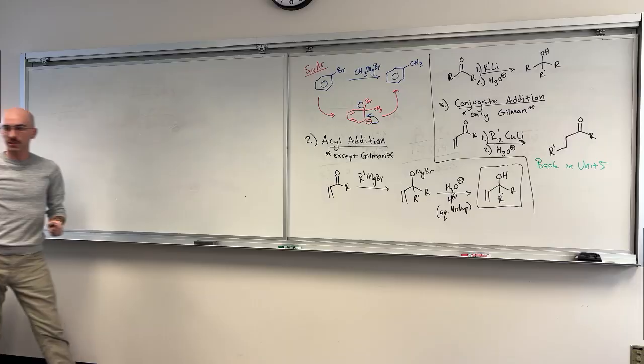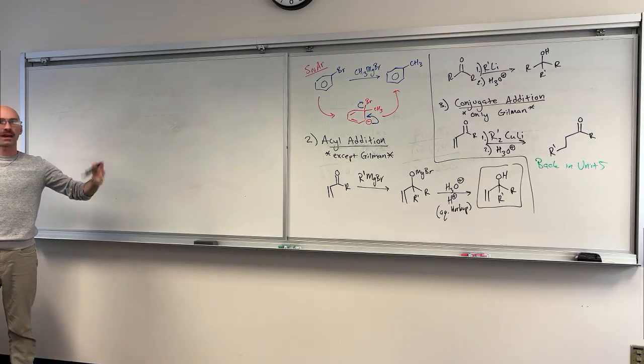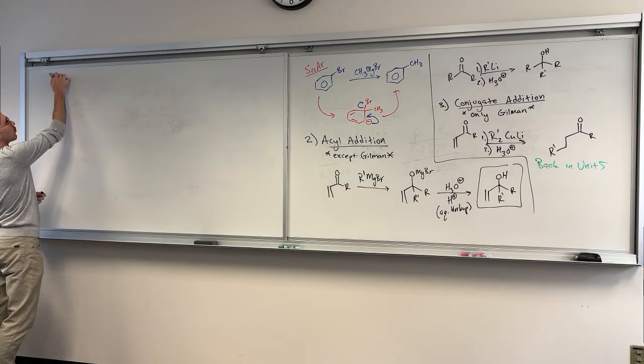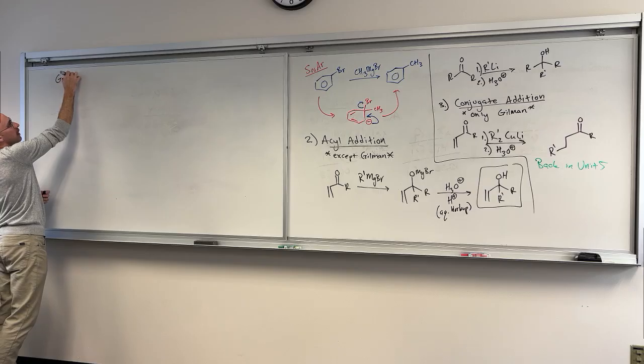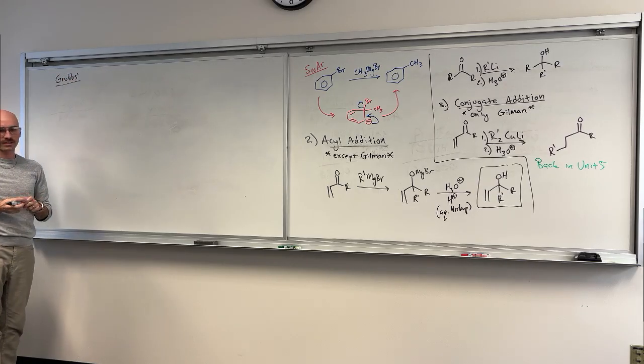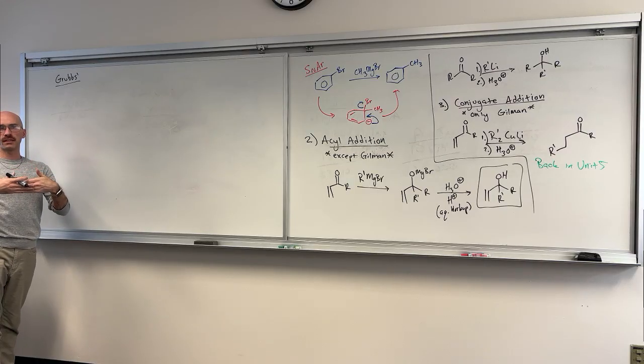There is a reagent, if you look back through my old materials, you're going to find this reagent called Grubbs. We're not going to talk about Grubbs, but I do want you to just have this awareness. Grubbs reagent is another transition metal catalyst that can do olefin metathesis, where you take two alkenes and you swap the groups that are on them.